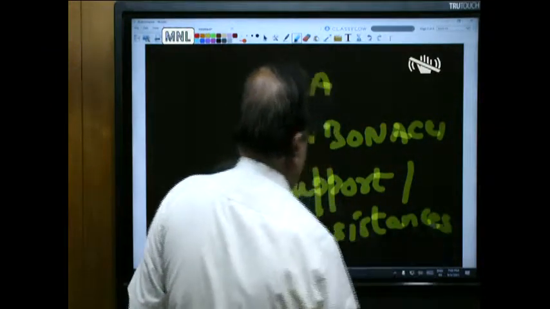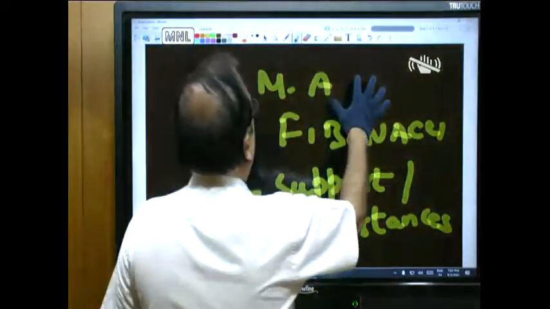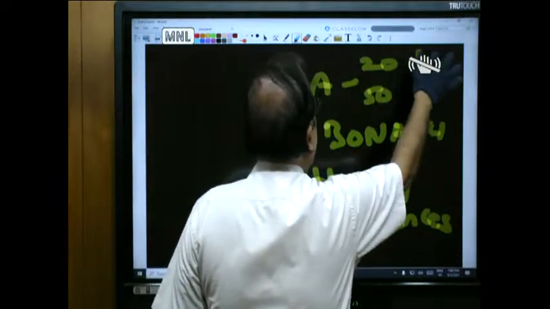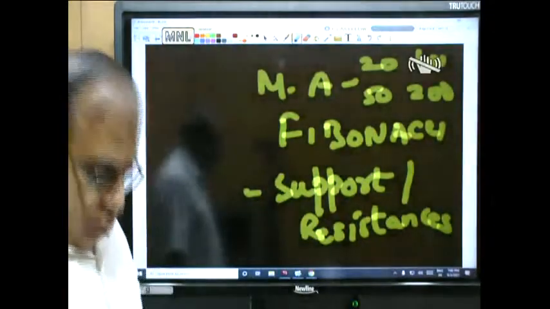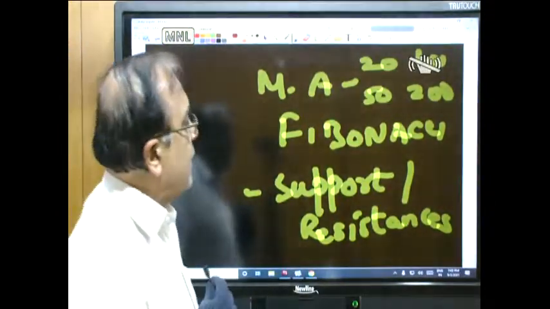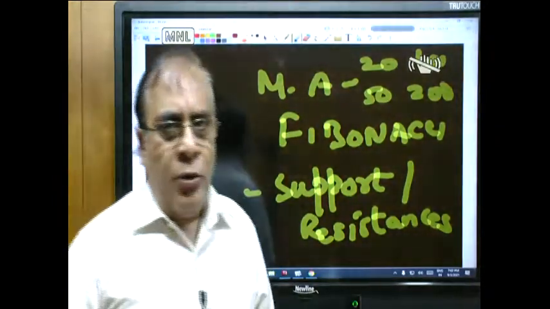So now we have seen earlier also this moving average. Generally, you have the 20, 50, then 100, 200 moving average generally used. And so the moving averages help in identifying some important support levels.